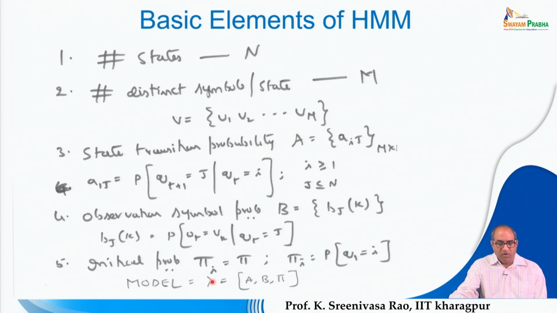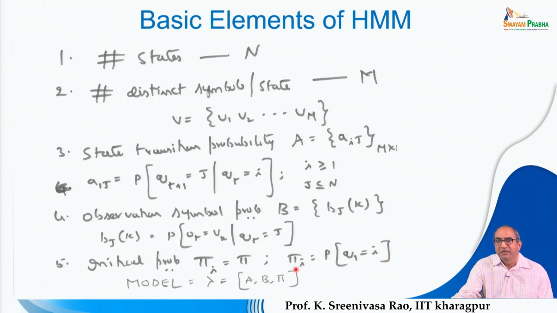Then the initial probability. The initial state probability is represented by pi_i. It is the probability that the initial state of the system is i.